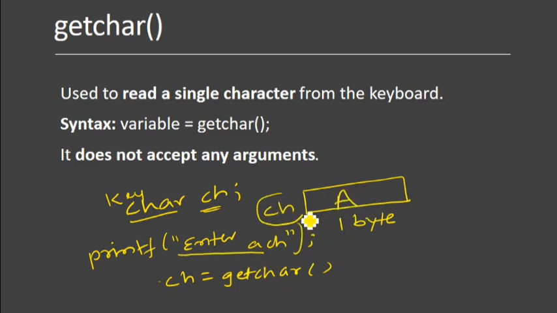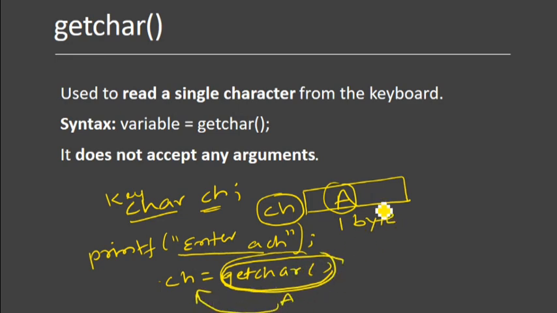So now ch holds the value a. When you are entering a, this a will be read by the getchar function, and that a will be stored into the character variable. Hence, the character variable stores the character a. So this is the way the getchar function works.